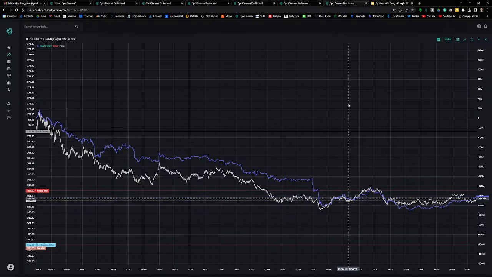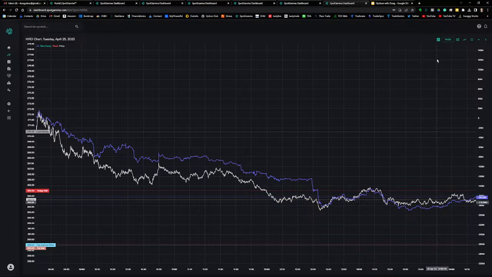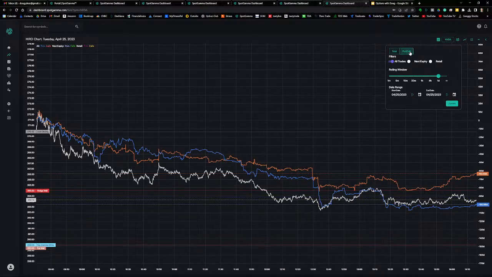Hero is often much easier to interpret for single stocks than for the index products. So here's NVIDIA. Note the strong correlation between options trades, hedging flow, and price action. Traders are selling calls and buying puts, shown by the falling orange line and the falling blue line.